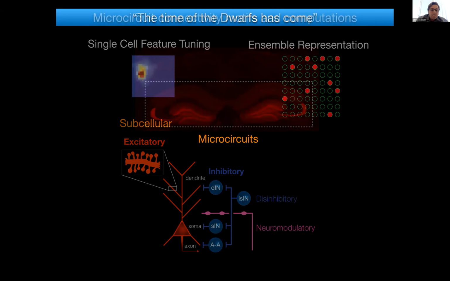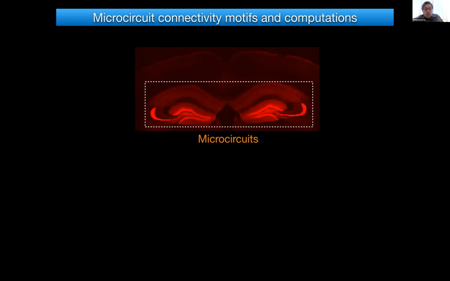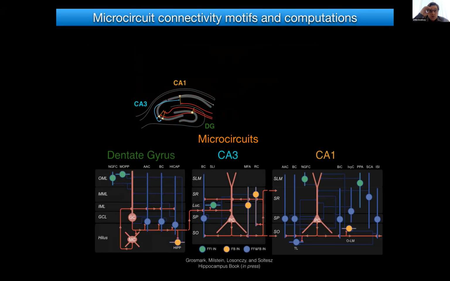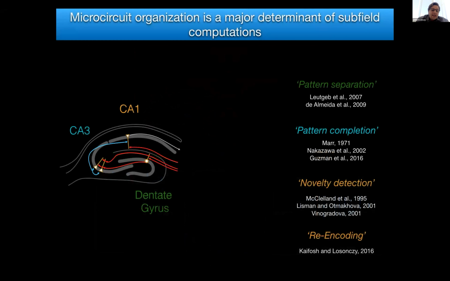So onto the microcircuit question. We know quite a bit about the cellular composition and connectivity structure of microcircuits in each hippocampal subregion. Many of the postulated computational functions in each subregion are thought to be supported by distinct microcircuit connectivity rules.